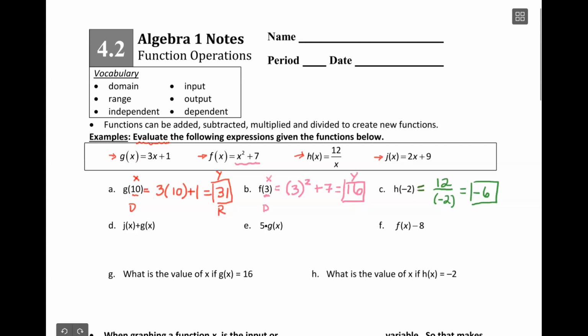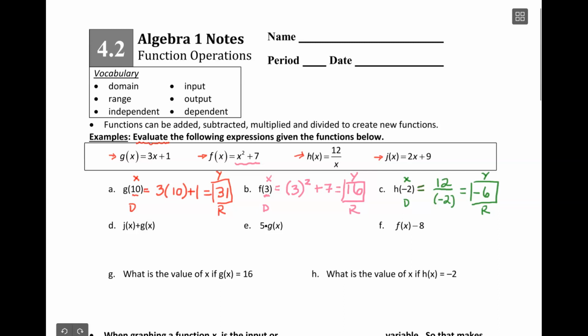The 16 would be our y or our range. So when we start to get into graphing, we've got an ordered pair. Our third example, x is negative 2, y would be negative 6. Our domain value is negative 2, our range value is negative 6. So that's what we're looking for in these first 3 examples.